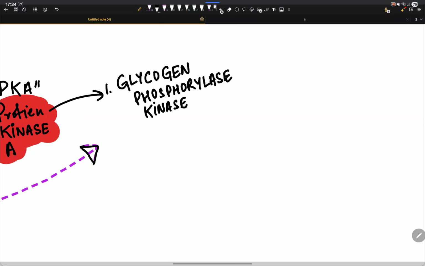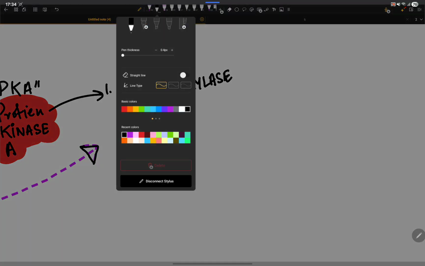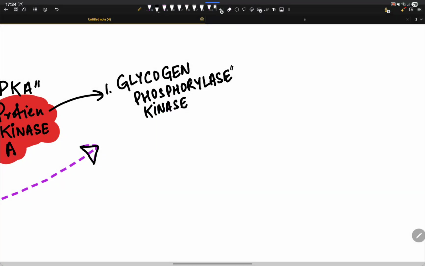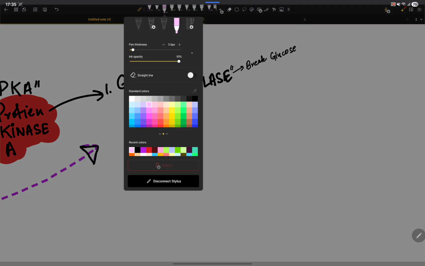Phosphorylase means an enzyme that breaks down glycogen. Okay, let me write something. This enzyme, phosphorylase, is responsible for breaking down glucose.